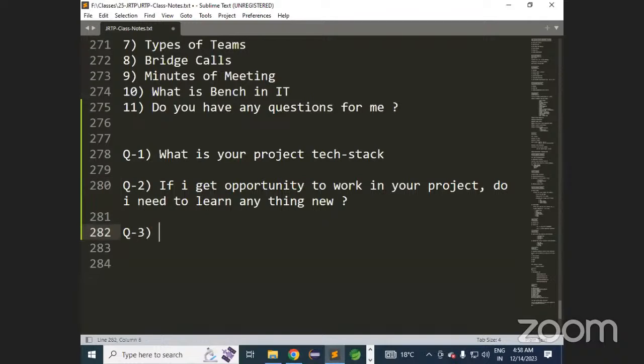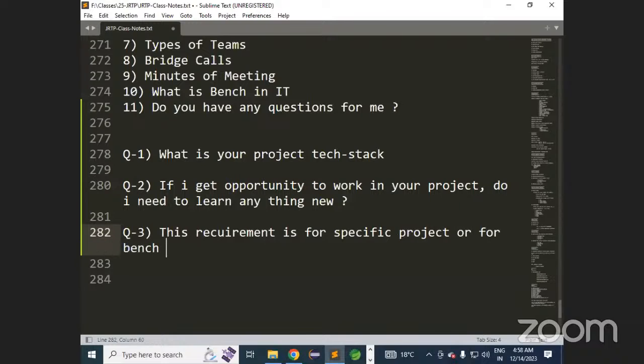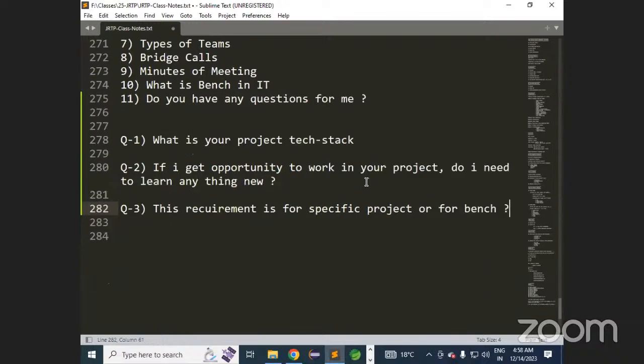What is the third question? This recruitment is for a specific project or for the bench? You can ask these kinds of questions at the end.